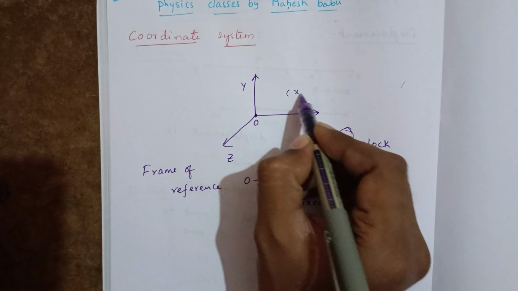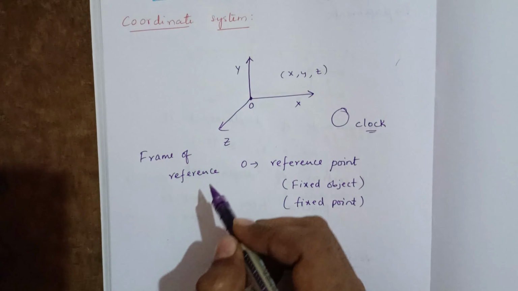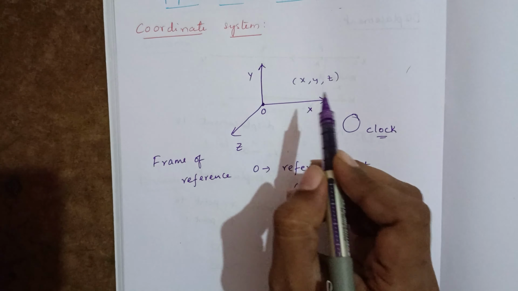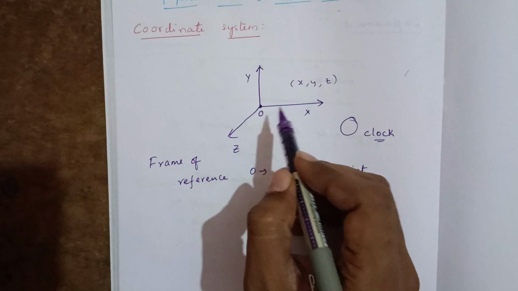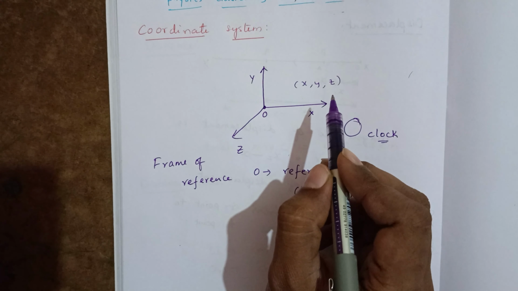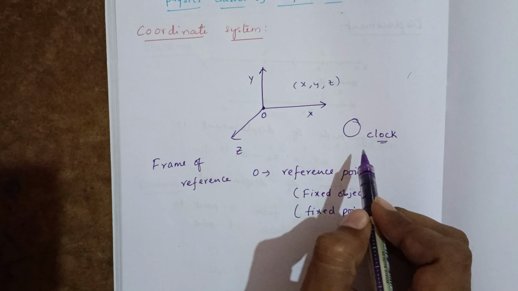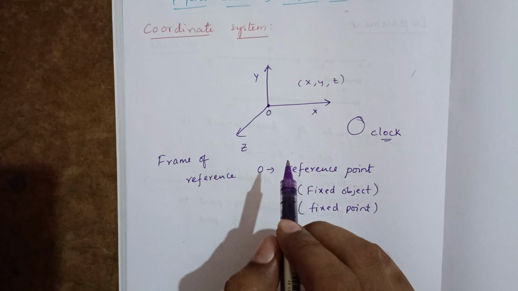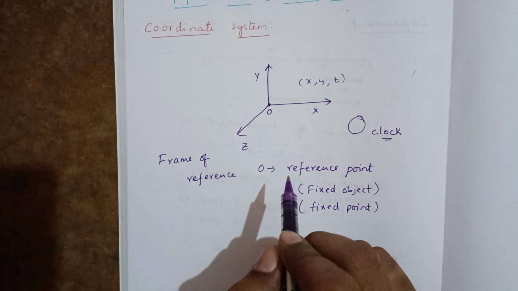Coordinates in the sense x, y, z. If the x-axis is changing, or the y-axis is changing, or the z-axis is changing, or all of them are changing, then we can say the body is in motion.